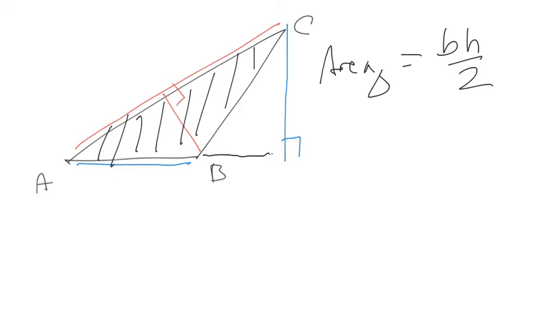It shouldn't make a difference whether you decide to use, for example, the blue base and height or the red base and height. If you calculate those lengths and put them into the area formula, you should get the same result. Okay?